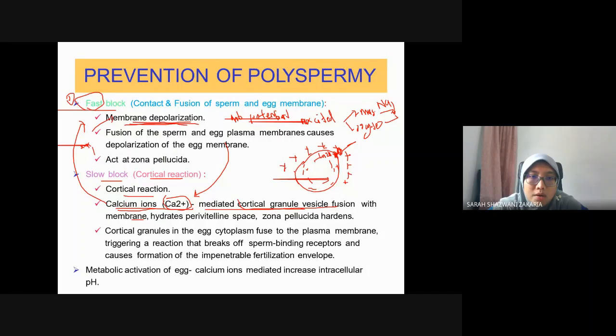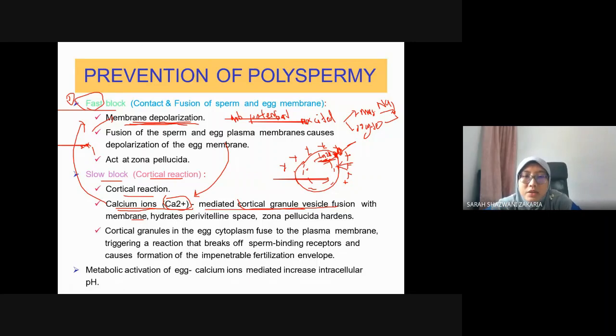Please find out where this calcium comes from. But the membrane depolarization here occurs due to the increase in calcium concentration. Therefore, it will disturb the membrane potential. So this calcium ion inside the oocyte, the egg, will cause the cortical granules to release their content or fuse with the cell membrane.